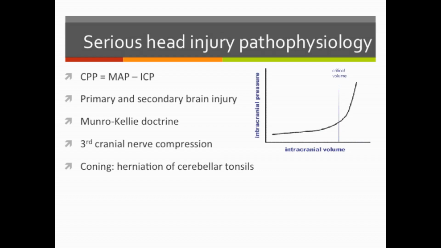The clinical evidence that you see of rising intracranial pressure in this circumstance is third nerve compression and dilatation of one of the pupils. That occurs because as the intracranial pressure rises, the third cranial nerve is nipped against the tentorium and malfunctions, and so the pupil on that side dilates.